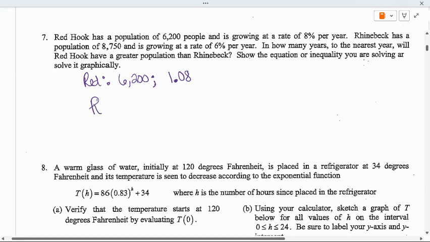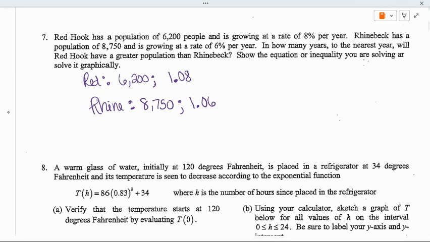Rhinebeck, the other town that we're talking about, has 8,750 people, and it's growing at a rate of 6% per year. So what's its growth rate going to be? 1.06, right?